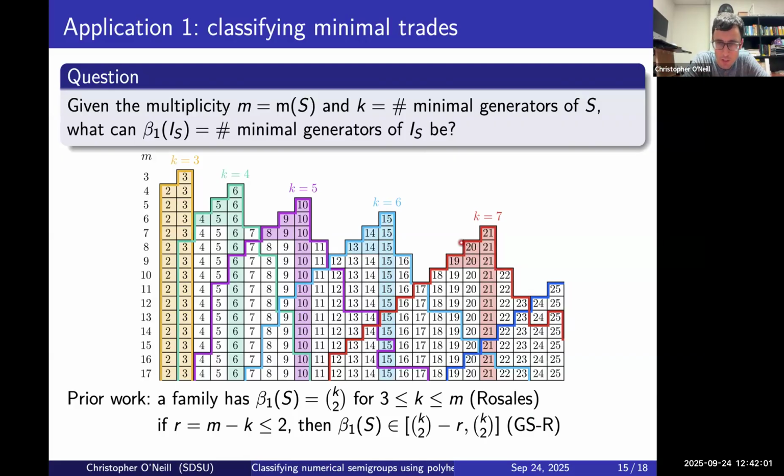Another paper looked at just the top of each of these mountains, so the top 3 rows here. And they were able to prove, one, that each of these 6 filled in values here was possible to achieve. And they proved that you couldn't escape out the left or right side. So if k equals 7 and m is somewhere between 7 and 9, they proved that you cannot have more than 21 minimal trades. And in this row here, you can't have less than 20.